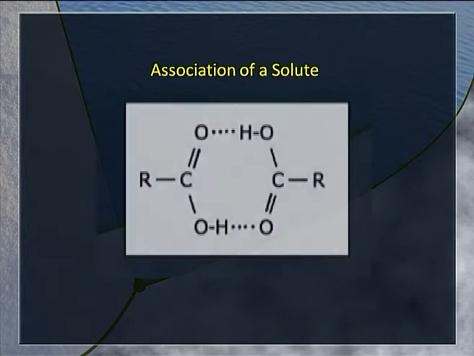It has been possible to show by experiment on distribution of acetic acid and benzoic acid between water and benzene that these substances exist in benzene as double molecules or dimers, as shown in the figure here, where the value of N is 2.